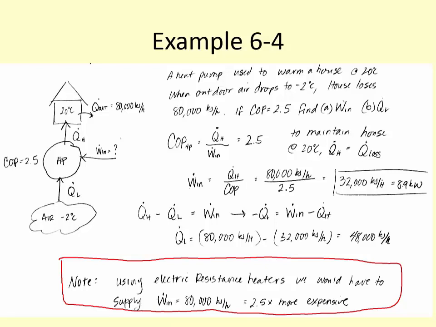And then Q dot L, how do we find that one? W dot in is equal to Q H minus Q L, and we want to find Q L. So Q dot L is equal to Q dot H minus W dot in.